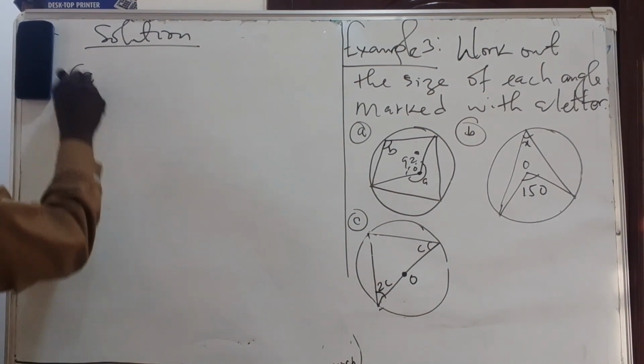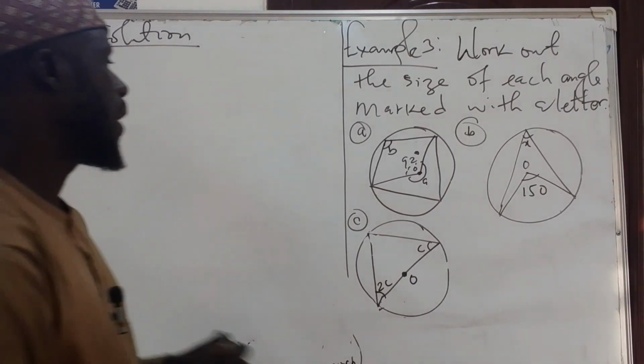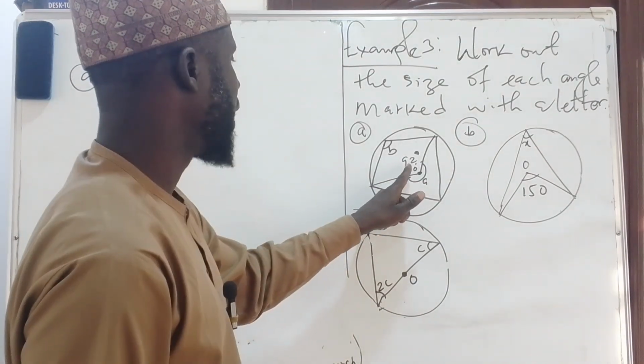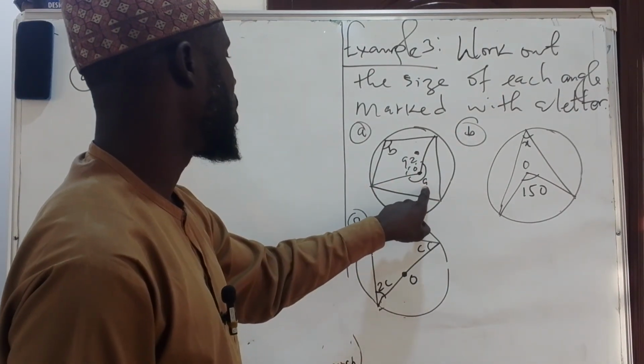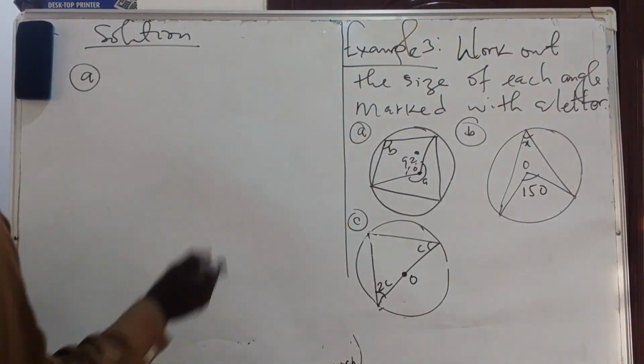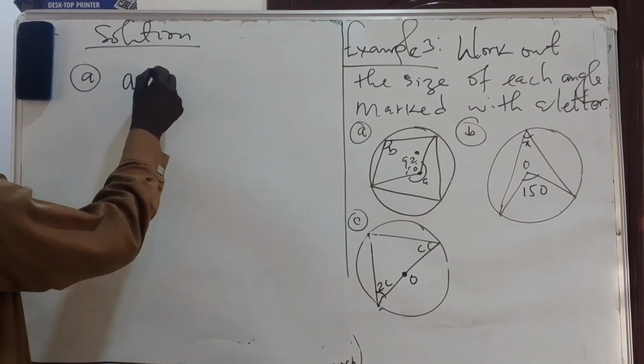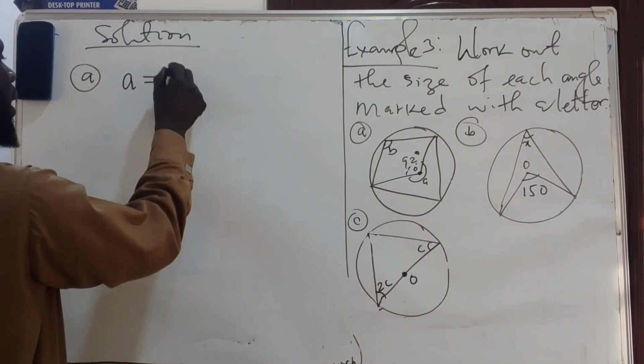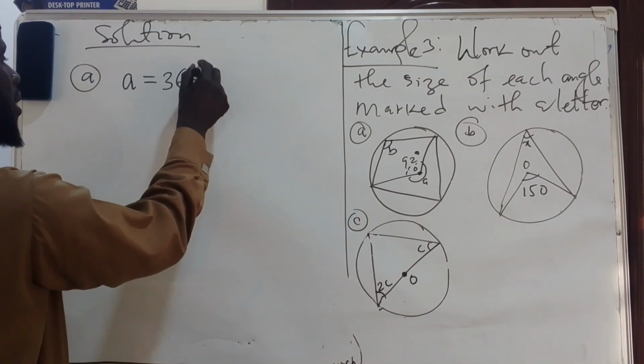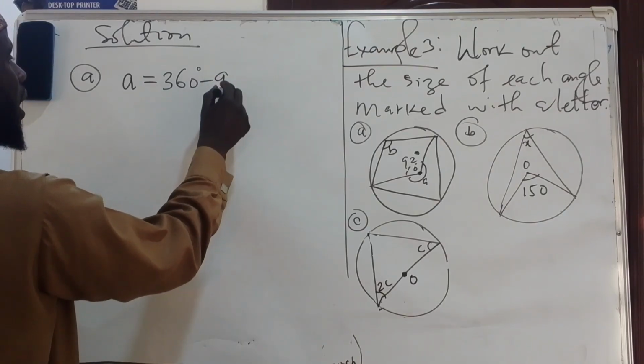A. If you look at A, here is 92 degrees and we are looking for letter A. So simply the angle A will be equal to 360 degrees minus 92 degrees.